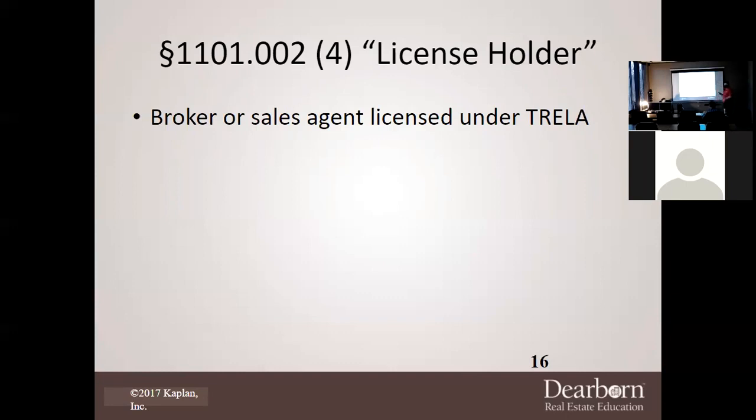That's right. See, people get that confused. A license holder is either a broker or a sales agent. So if they're talking about license holder in the law, it could be either or. It could be Travis or myself.